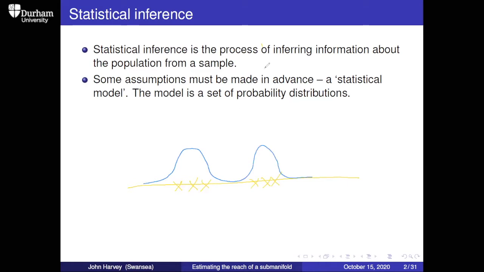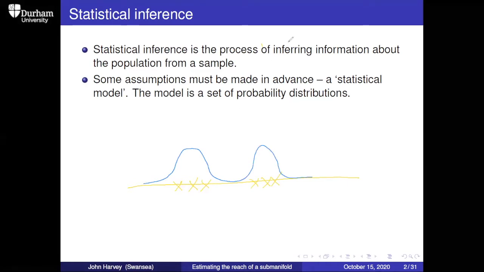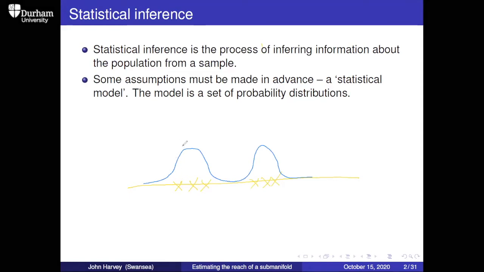Why not? But it's just as reasonable to assume that there's a bunch of Dirac deltas, point masses, here, here, and here. These are all delta masses. It's just as reasonable to assume that that's the underlying measure that the 6 points were sampled from.